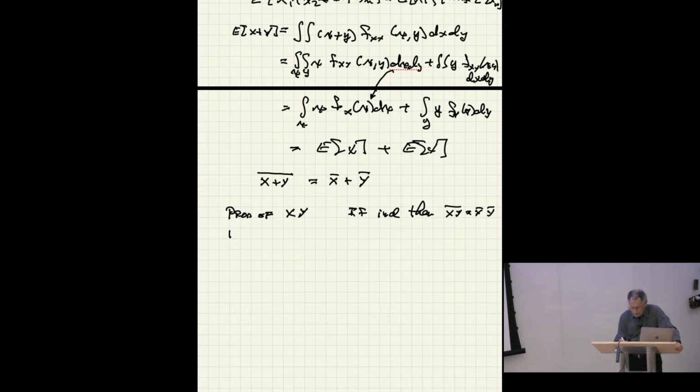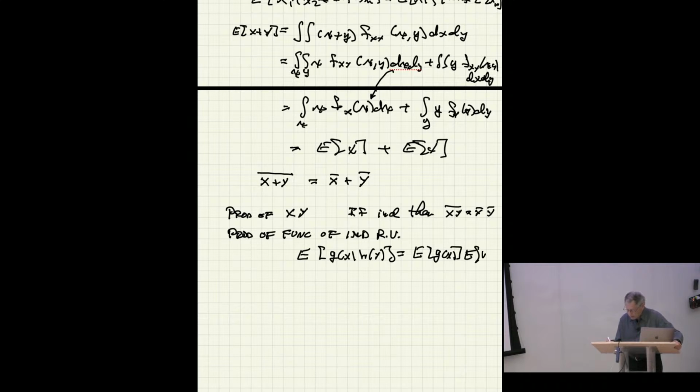And similarly, the product of functions of independent variables also has the same property, namely the expectation of g of x times, say, h of y is equal to the expectation of g of x times the expectation of h of y. But this is if they're independent.